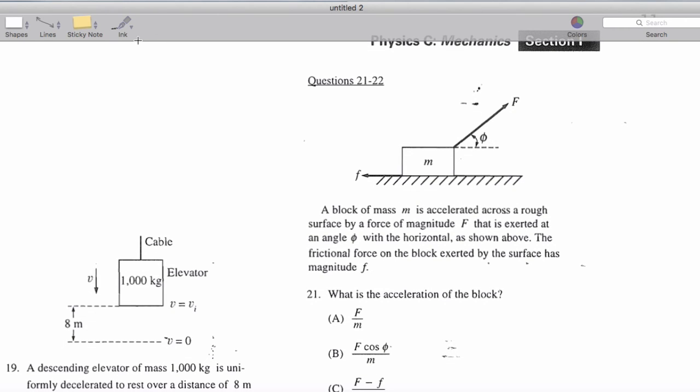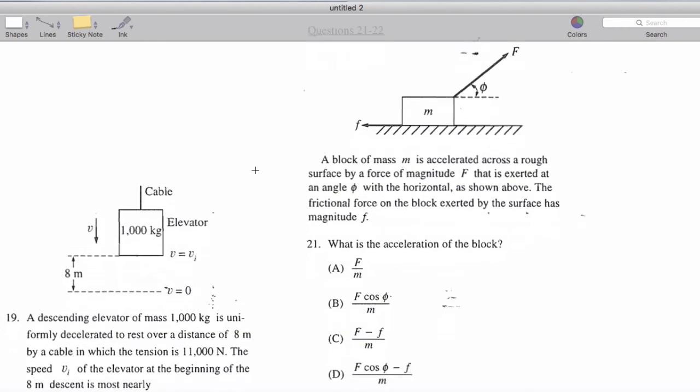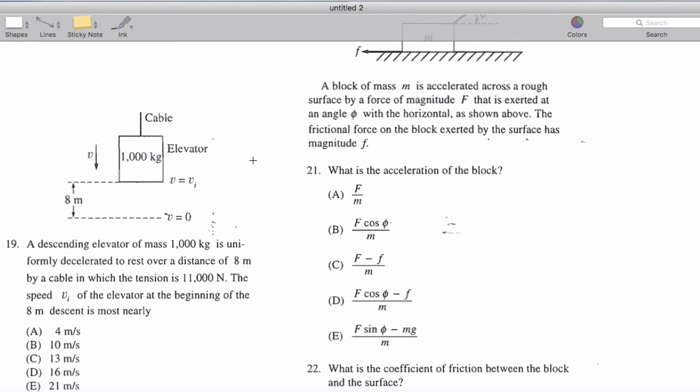Next. A descending elevator has a certain mass. It's decelerated over 8 meters. There's a tension of 1100 newtons. And we want to know the speed of the elevator at the beginning of the descent. So we have v squared is v naught squared plus 2 times a times this 8 meters.